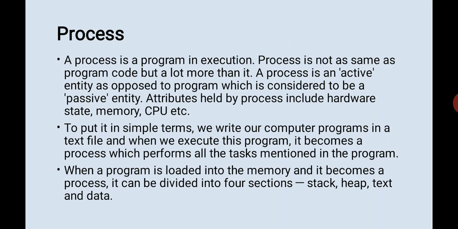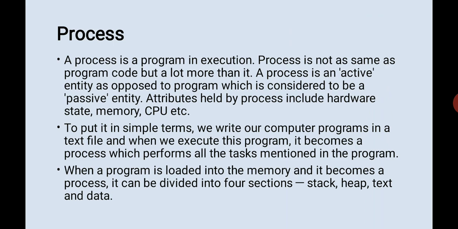Process. Now, what is a process? A process is a program in execution. A process is not the same as program code, but a lot more than it. A process is an active entity as opposed to a program, which is considered to be a passive entity.